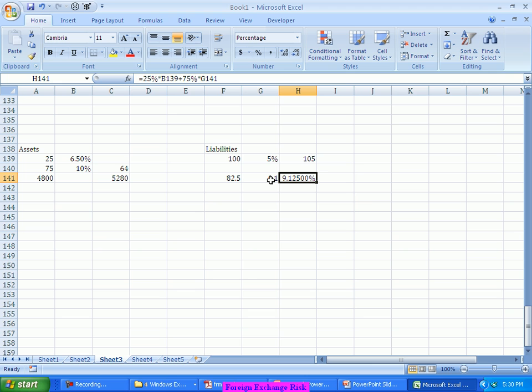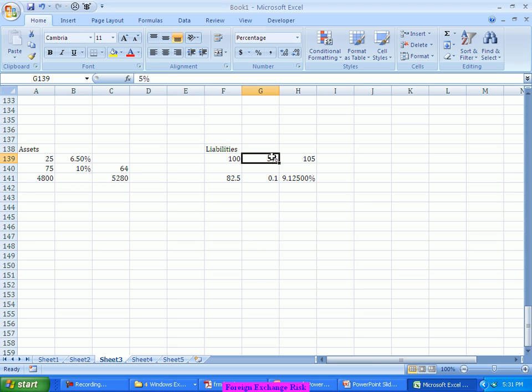From my loan, I have to pay only 5%. So 4.125% is my net profit in the whole transaction. If the exchange rate is going to remain at 64 even after 1 year, my net benefit is around 4.125%, with 25% in the US market and 75% in the Indian market.